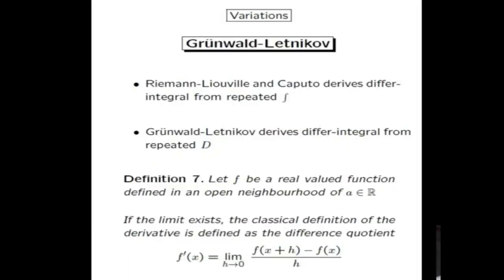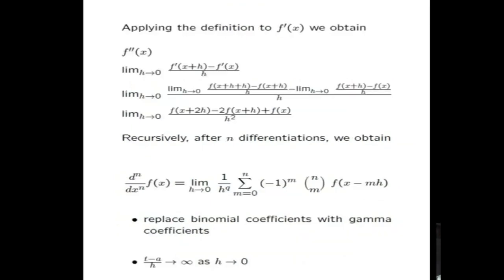So we mentioned that there are other formalisms, for example the Grünwald-Letnikov formalism, which develops the fractional calculus from the approach of defining the fractional order derivative, and from it the fractional order integral follows. So how they do this is by considering the classical definition of the limits of the difference quotient to define the first derivative, and so recursively after n differentiations they obtain a derivative formula, but this is still of integer order.